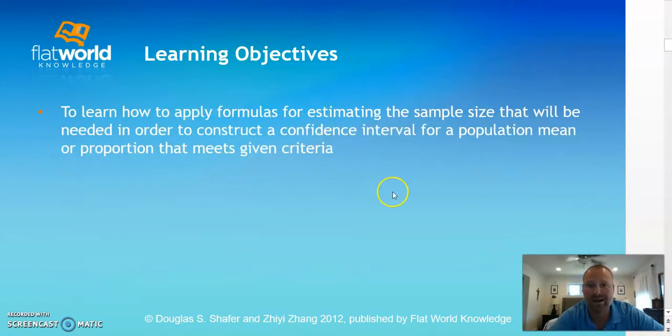And one more, to learn how to apply formulas for estimating the sample size that will be needed in order to construct a confidence interval for a population mean or proportion that meets given criteria.